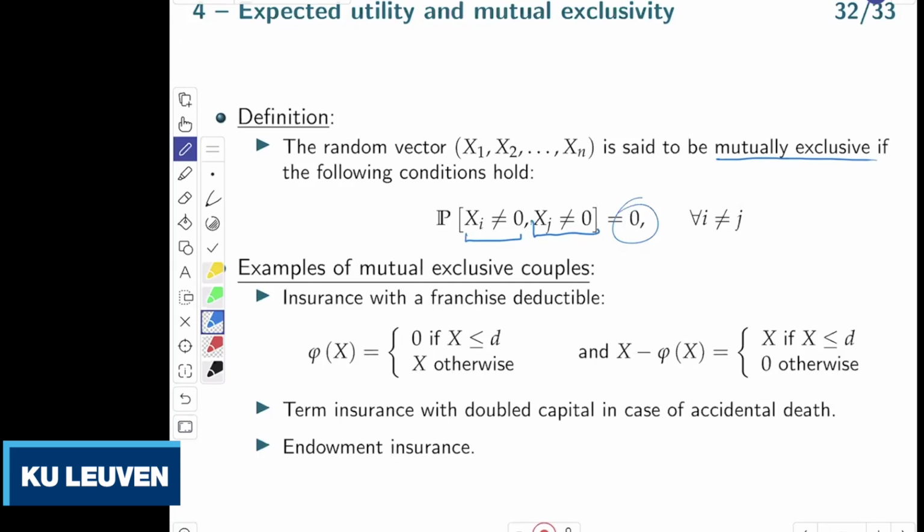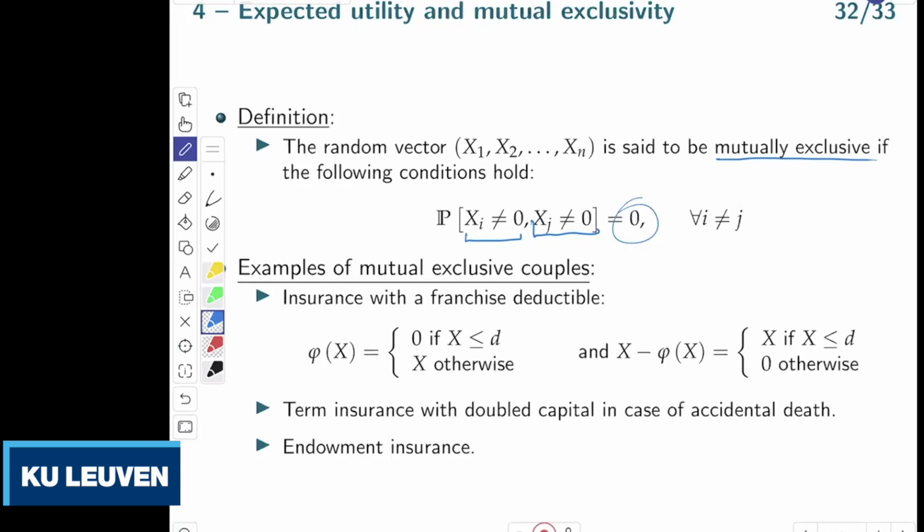Mutual exclusivity, what we have here, is a very extreme situation of what we call negative dependence, these losses that move in the opposite way. Because it tells you if I have losses in one portfolio, for sure, I will not have losses in the other portfolios. So it's the most extreme case. If I see that my portfolio in Europe is making losses, I say, well, luckily the other two portfolios will, with probability one, not make any losses, which is a very extreme case.